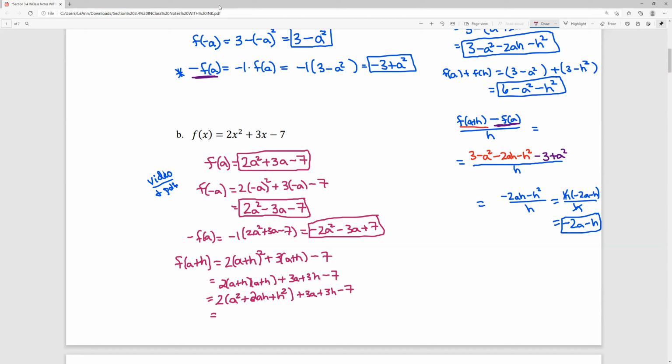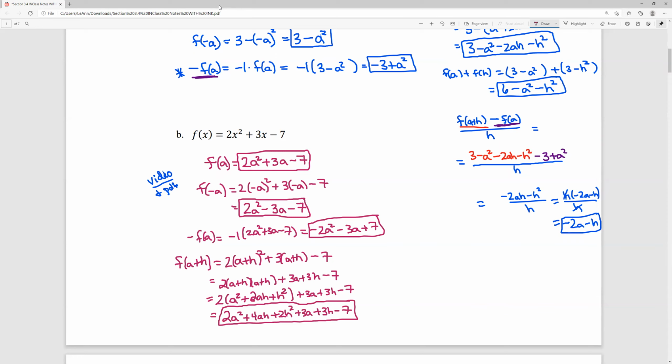And then we distribute that 2, so that's 2a squared plus 4ah plus 2h squared, and then bring down all of the other terms. So plus 3a plus 3h minus 7. None of these are like terms. We can't combine any of them together.